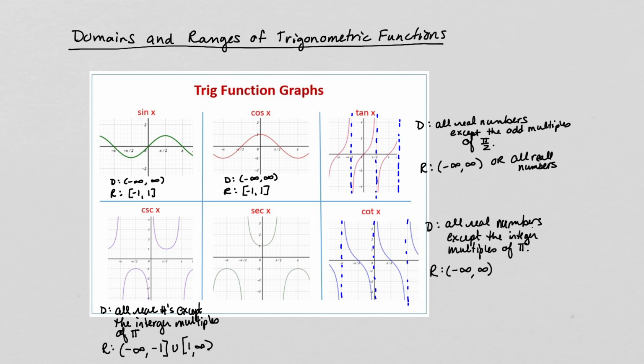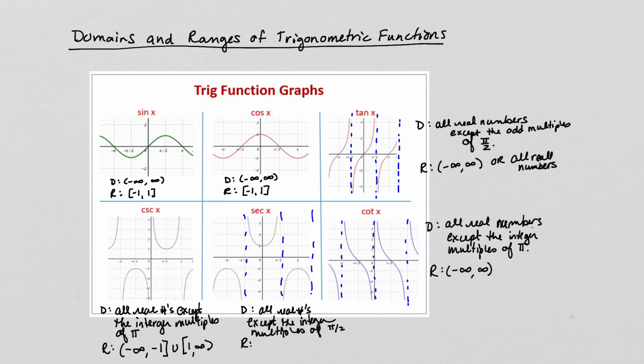And secant is similar. It's just that the asymptotes on the secant go back to happening at those intervals of pi/2. So the domain is all real numbers except the integer multiples of pi/2.